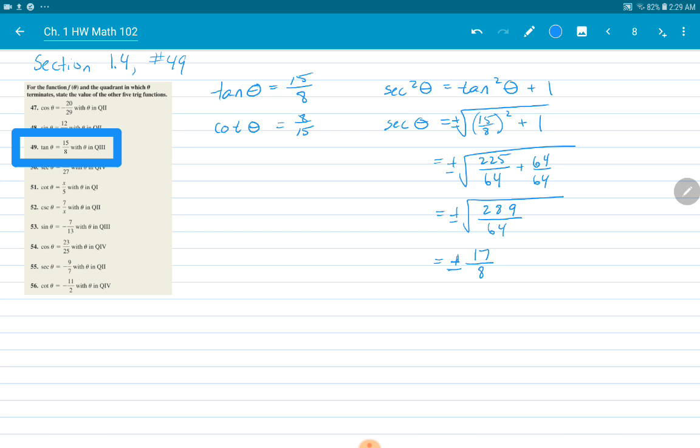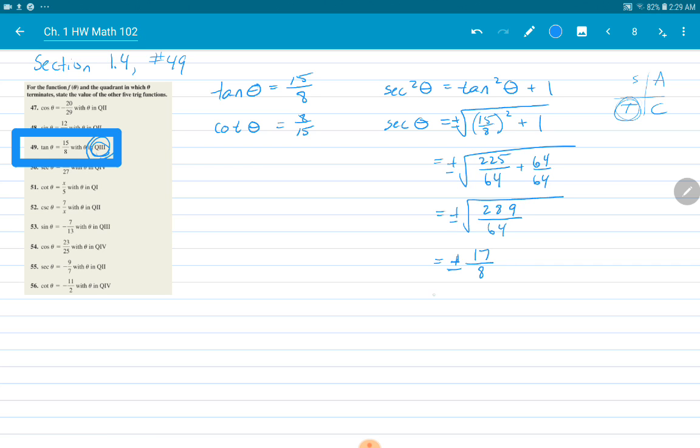I just need to decide if it's going to be positive or negative. So I look at my quadrant. I'm in quadrant 3. So quadrant 3, thinking about all students take calculus, cosine and secant in quadrant 3 are negative. Tangent is the positive.